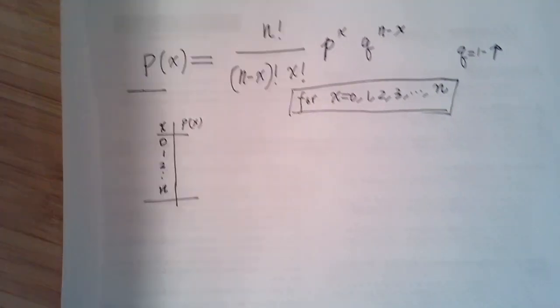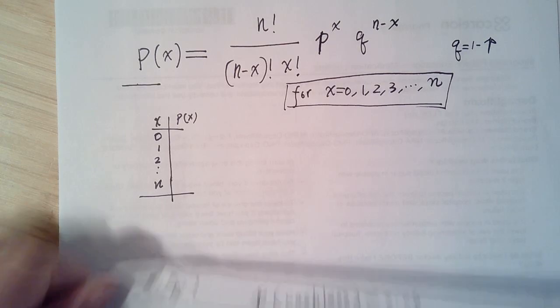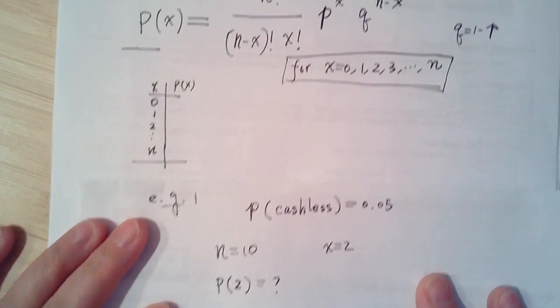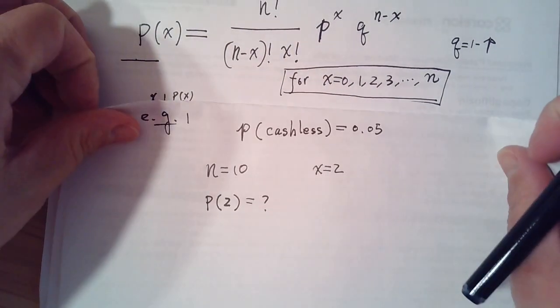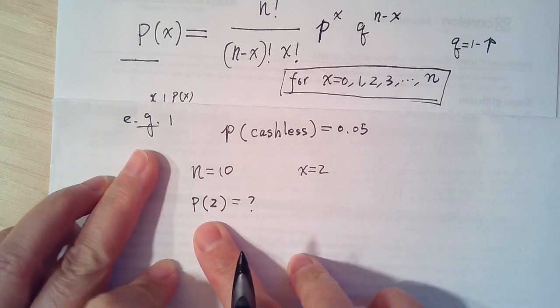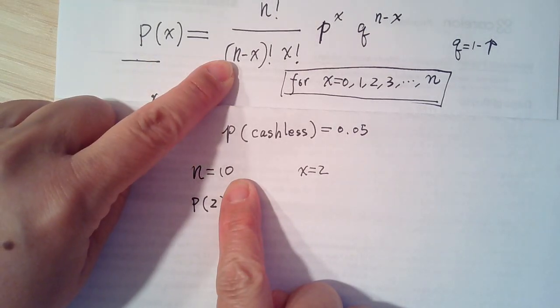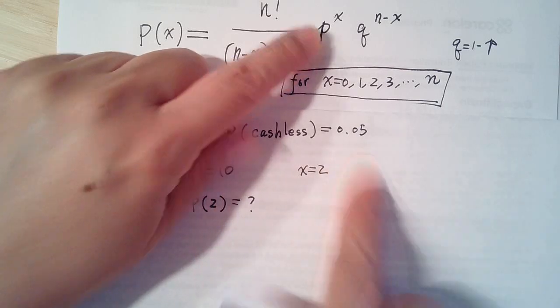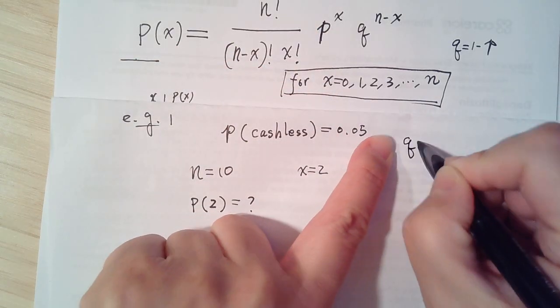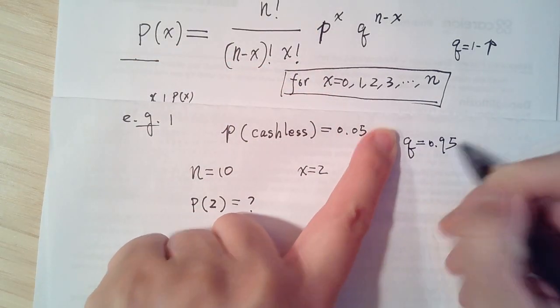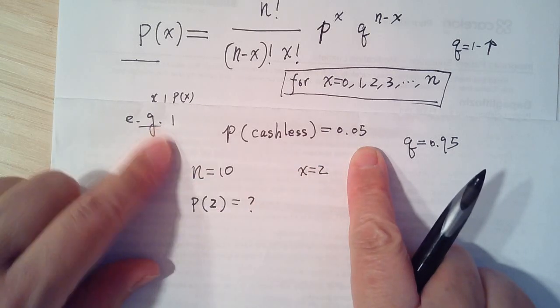Now, we compare that with this one. We have the formula, and then we are going to find what is P of 2. So in this case, n is 10, p is 0.05, and of course q will be 0.95, because that's 1 minus that. And then let's do it.